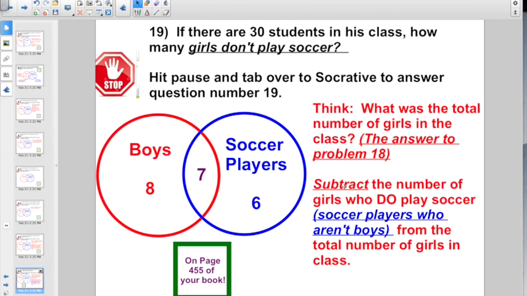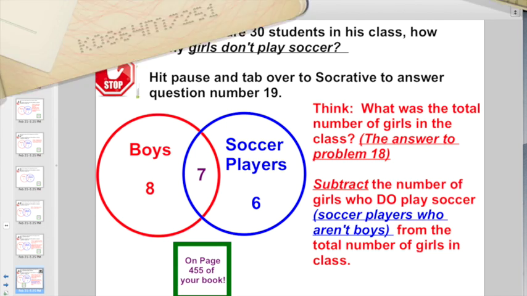So if you got that right, subtract the number of girls who do play soccer, otherwise known as soccer players who aren't boys. Subtract that number from the total number of girls in class. The answer you just gave for number 18. All right, hit pause, tab over to Socrative when you think you got it.